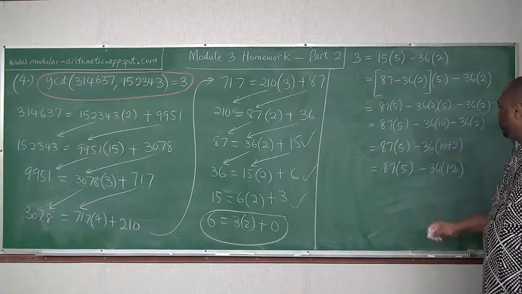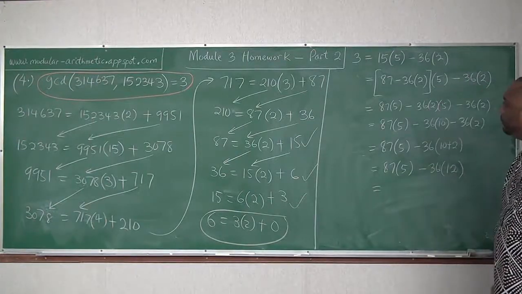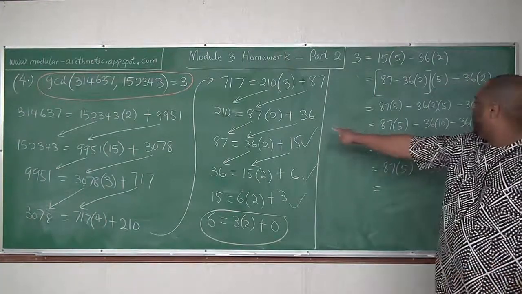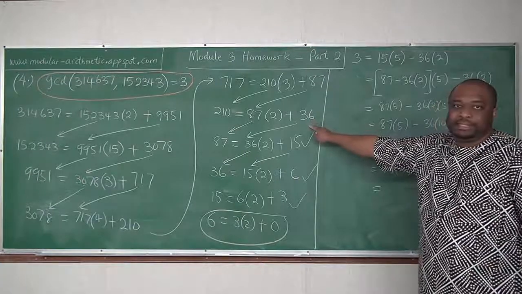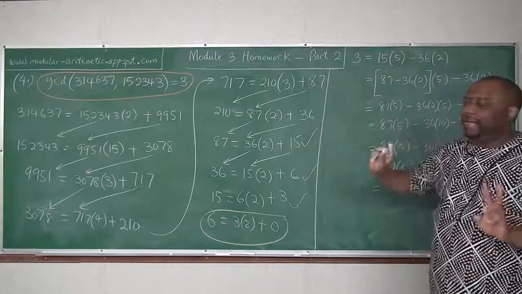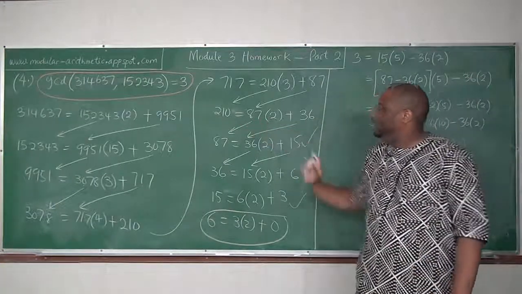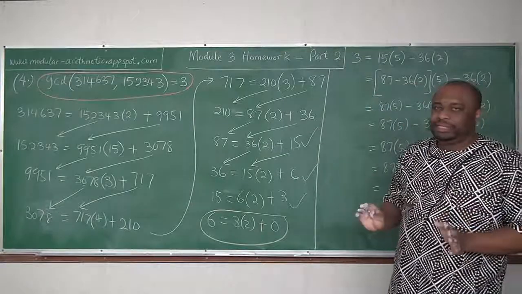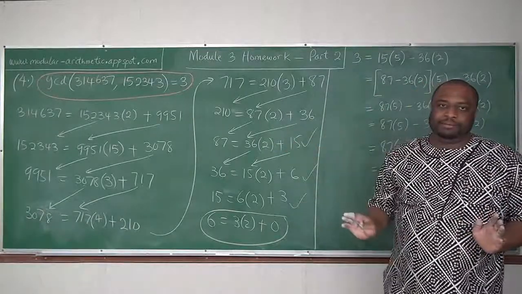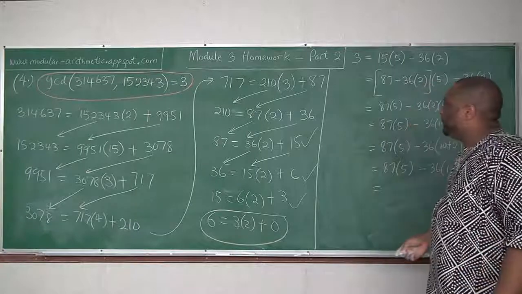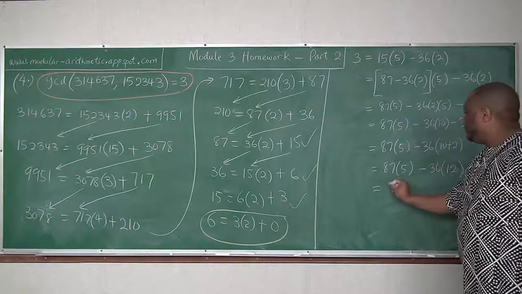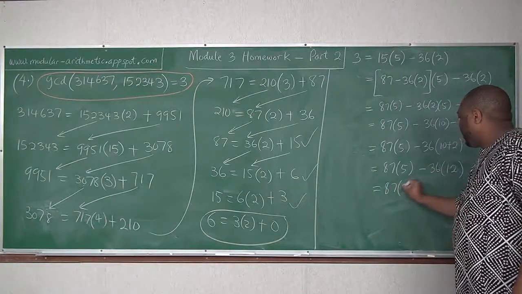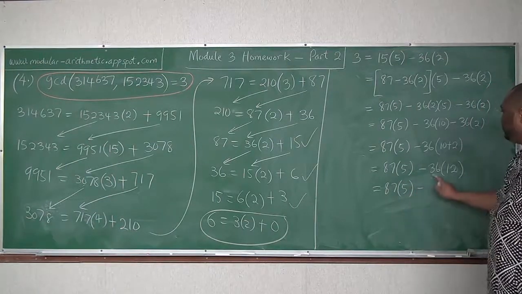Okay. Now, let's continue. Here, I will substitute for 36 because I need to see 210 and 87. I need to see those. So, I have 87 times 5 minus this 36.